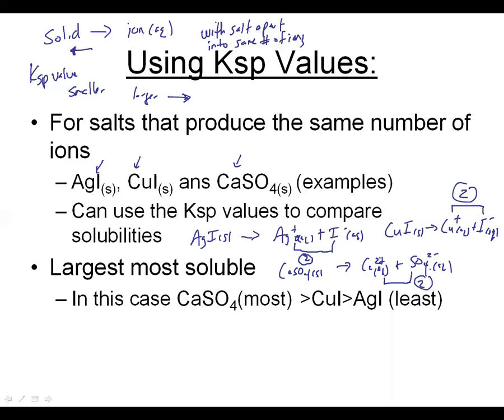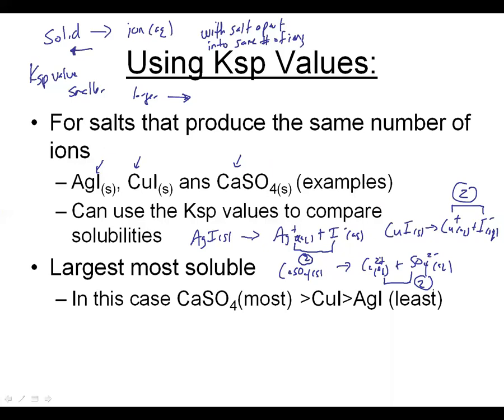So the only time you can go to a Ksp table and compare the Ksp values of different salts is when they break apart into the exact same number of ions. In this case, we could compare the Ksp values for silver iodide, copper(I) iodide, and calcium sulfate because each of them breaks apart into 2 total ions.